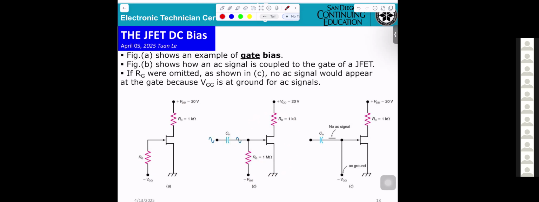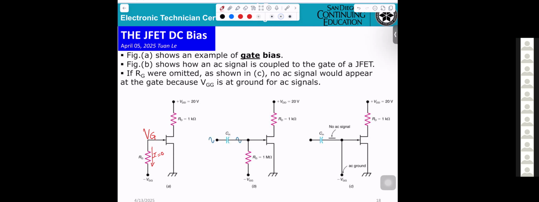So this is VG right here, and the current flowing here equals 0. Big resistance.